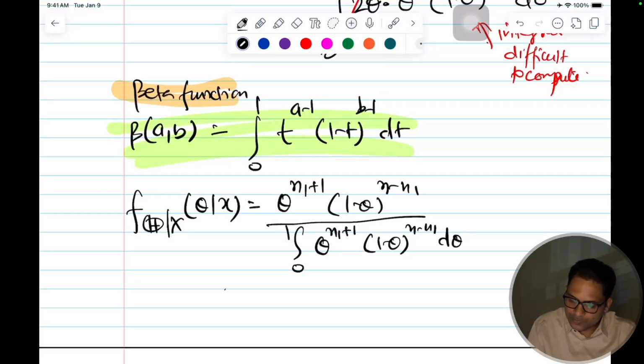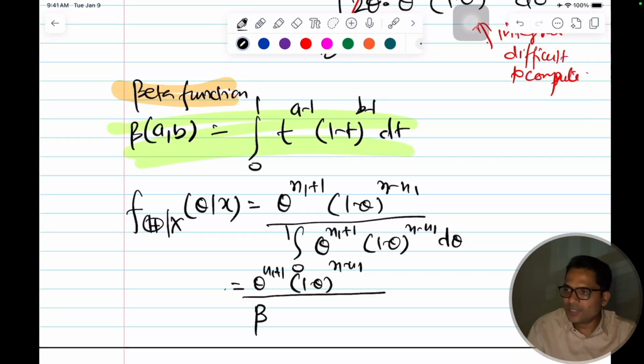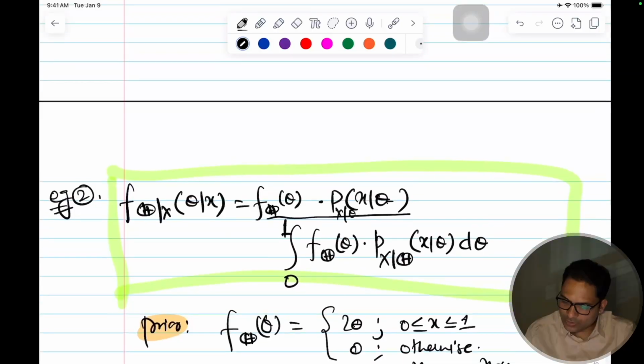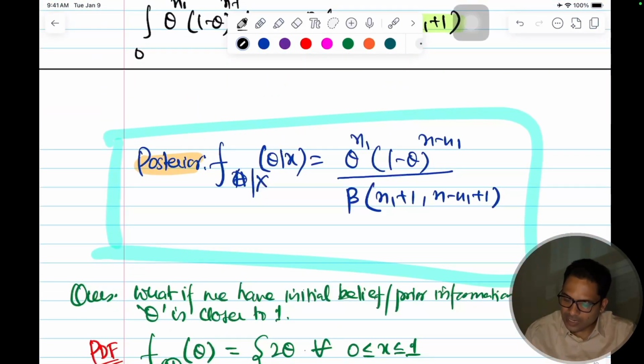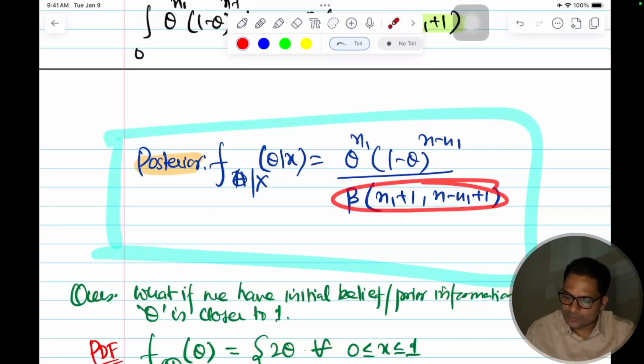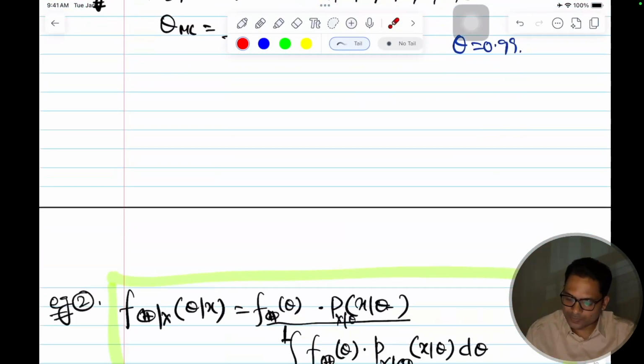This will be equal to theta to the power n1 plus 1 into 1 minus theta to the power n minus n1, divided by the beta value. Earlier we saw the beta was n1 plus 1 and n minus n1 plus 1.